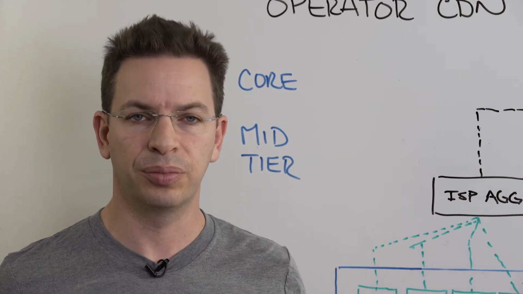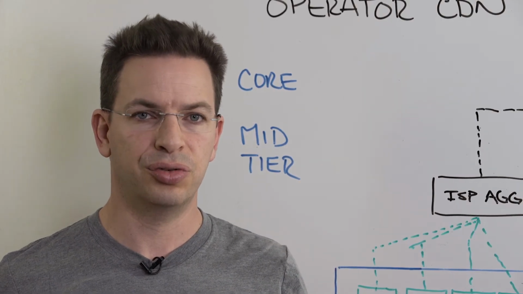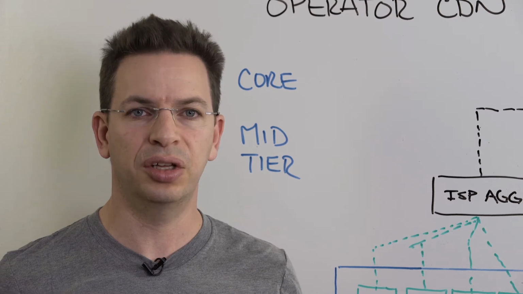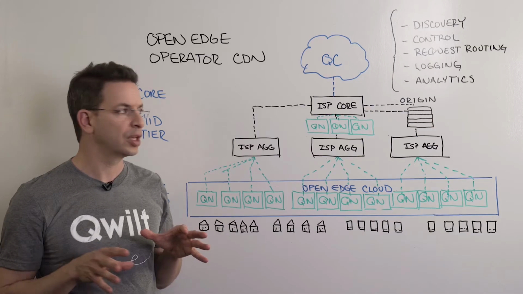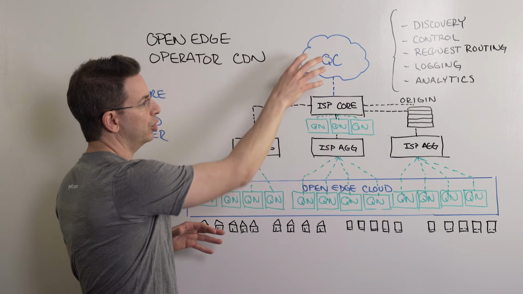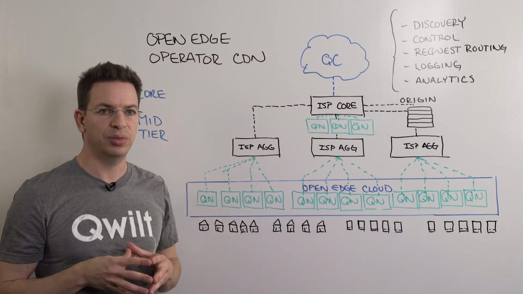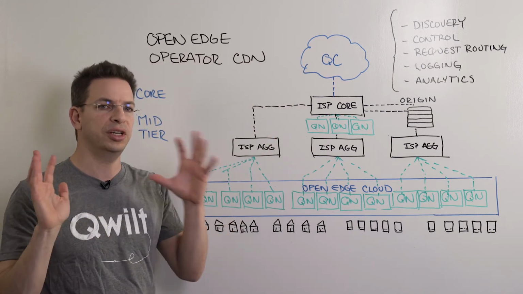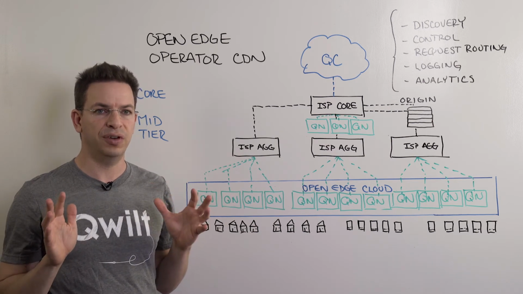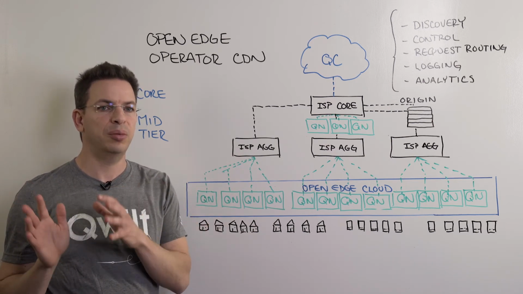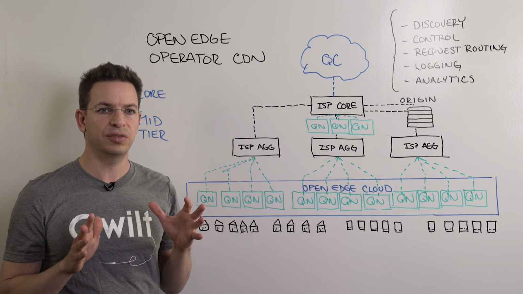Putting it all together, Qwilt created a very streamlined solution that operators can easily deploy and run in their network. We leverage an open source core that's been proven to deliver multi-terabits of traffic daily and basically ported it to the cloud, gaining all the benefits of being cloud hosted, primarily scalability and resilience of the solution.